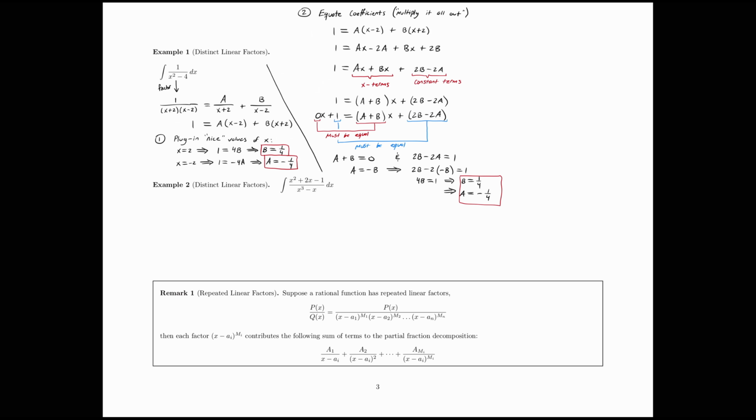Regardless of which method you choose, we find that a and b are equal to negative and positive 1/4, respectively. This now tells us the following.